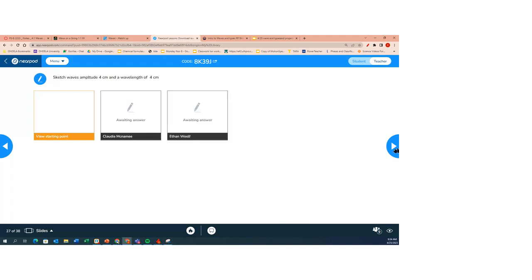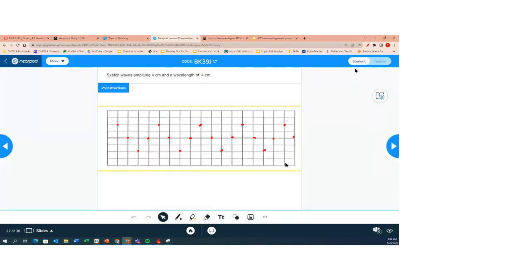All right, so let's try and sketch. This is the tough part here. Okay, so I've made these 4 centimeters, and the wavelength is 4 centimeters. Amplitude is, that should say 2. Sorry, it should say 2. This is supposed to be 2, and the wavelength is 4.